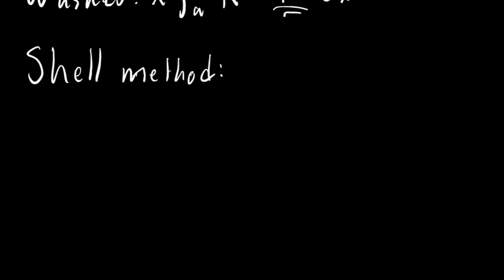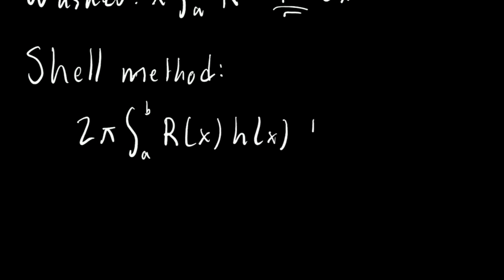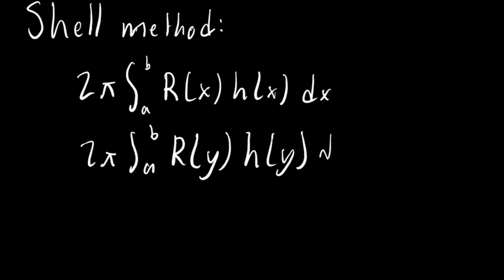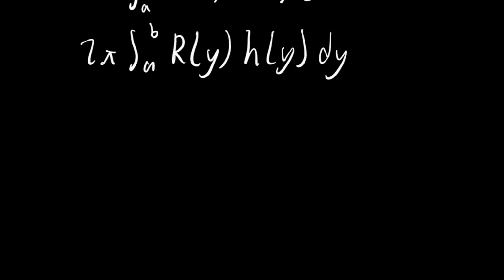So the shell method is simply just 2 pi integral from a to b of r of x h of x dx. And you can also do it in the other way, just like how you can do washer method in both ways. You can do r of y h of y dy. So what this means here, we'll draw it out.